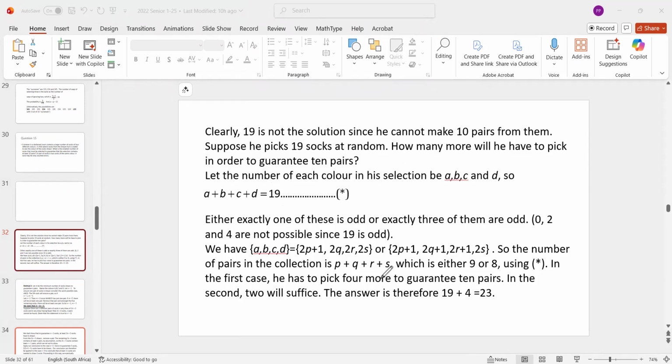And you can check it out. But we're just saying the second 2 will suffice. Oh, I see. So that will make 21, 19 plus 2.